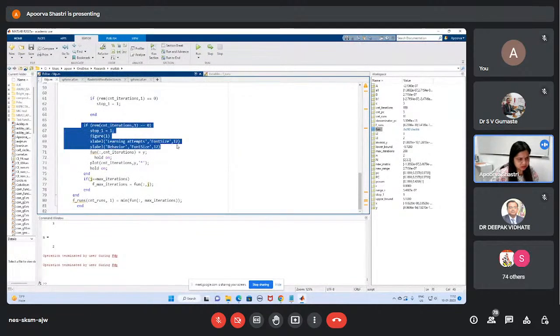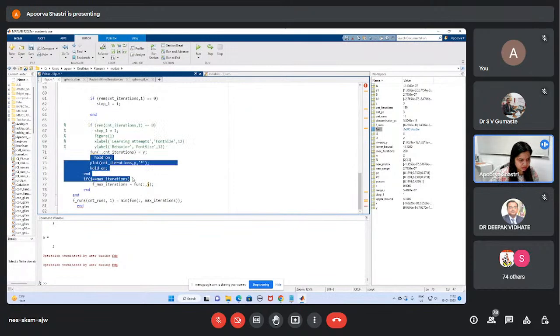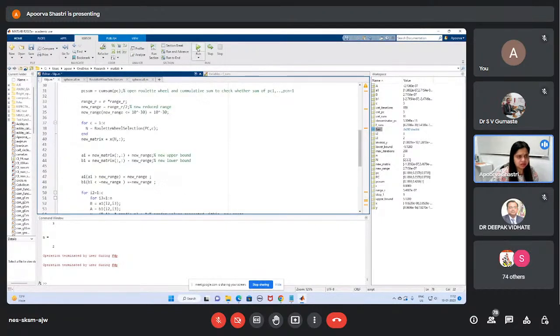Because of this plot, the time required is too much, and we don't want that. Now let it run for 30 times. It will be much faster.